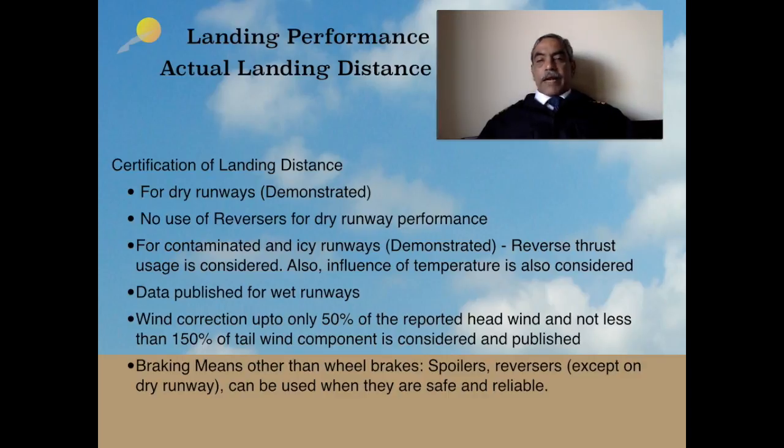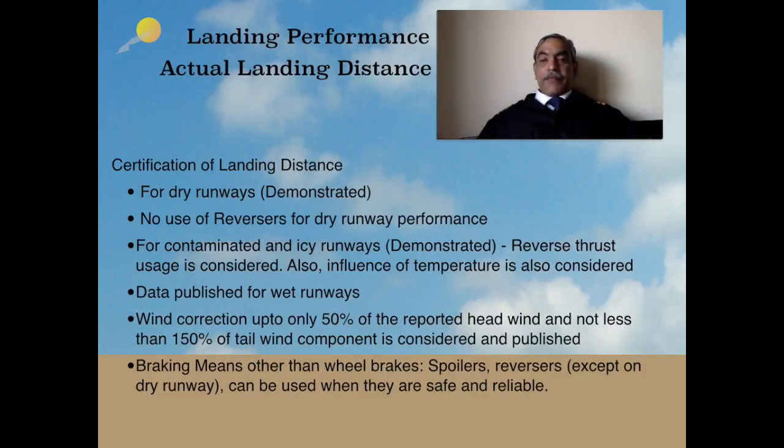As I told you, for wet runways, it is not possible to give demonstration probably. So they dispense with the requirement, and it's enough if you publish the data for wet runways.